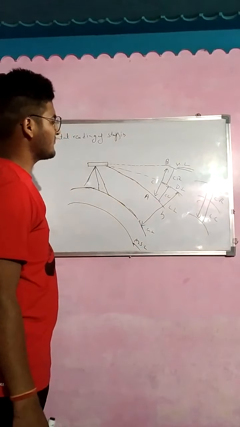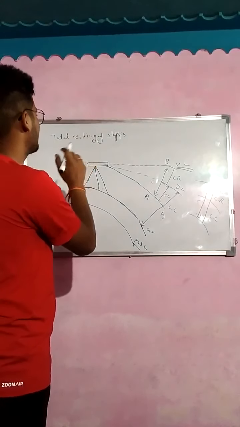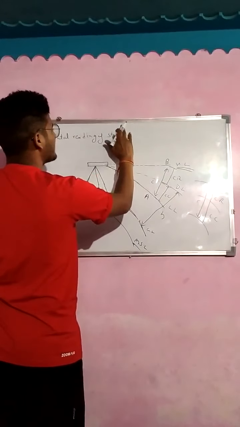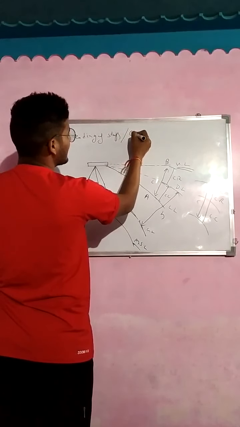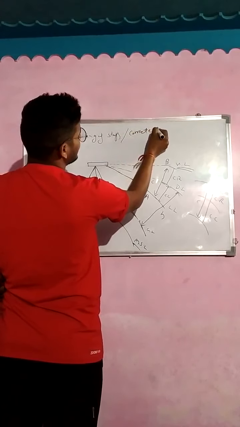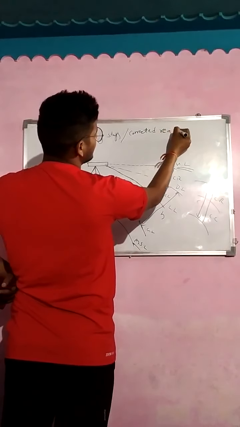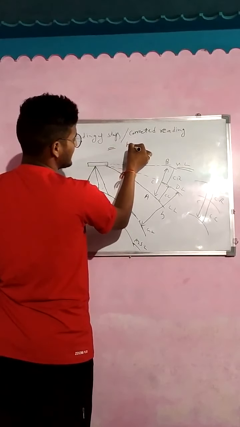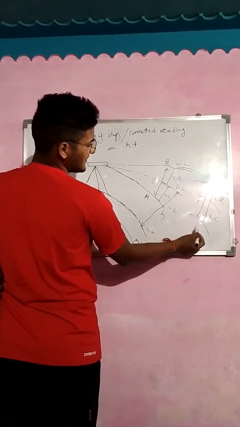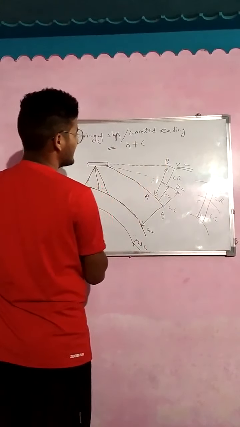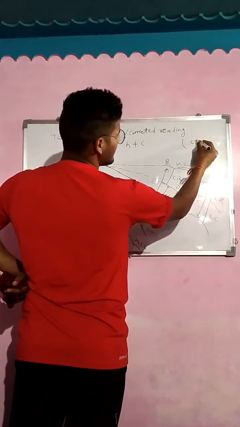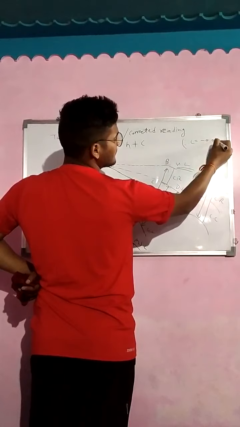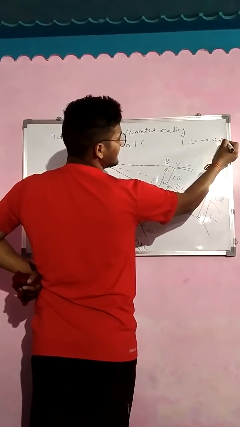So if we are going to find the total value and correct the total reading of the staff, or corrected reading, so this will be H plus value of C, and here the value of C is, because we know chunki the value of C is minus 0.0673 d square.